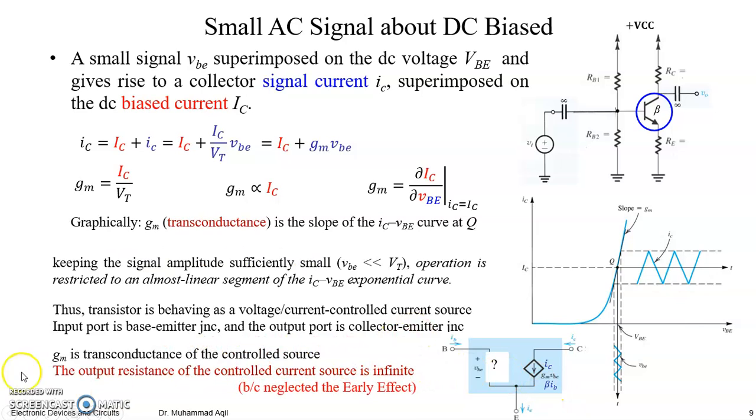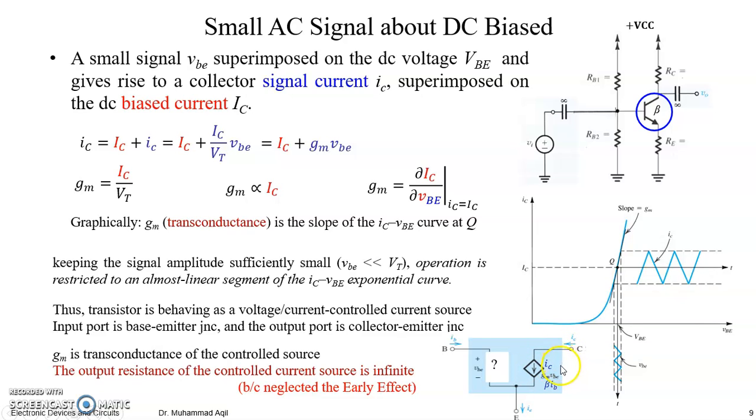One more thing: the output resistance of the controlled current source is infinite, right? So if this is the source, then it has no output resistance here. Practically, we always have an output resistor for a current source.